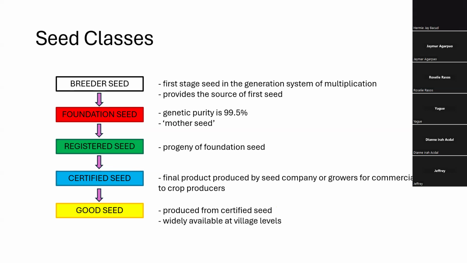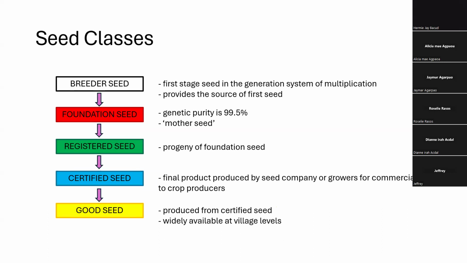Then second, foundation seed, red tag. Foundation seed is considered as the mother seed. It is the progeny of breeder seed. Then we have registered seed, green tag. Registered seed is the progeny of foundation seed. So ang registered seed galing kay foundation seed. Then certified seed, blue tag.